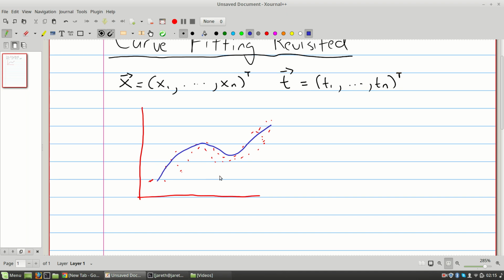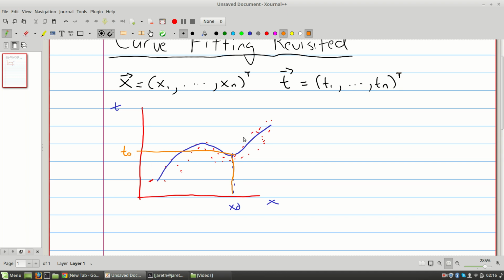And this is our t, for instance, and this is our x. So if someone wanted to know the value of, say, x0 here, they would come to this part of the curve, and then they would get the corresponding value of t0.